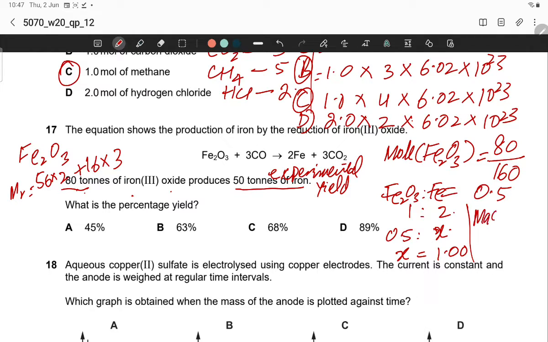Mass of iron is equal to 1 into 56, which is equal to 56 gram.